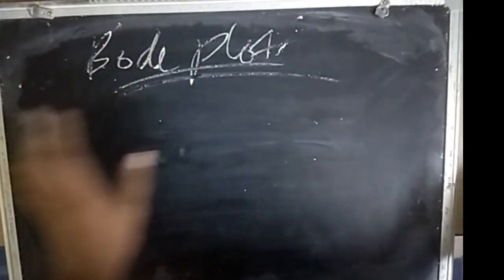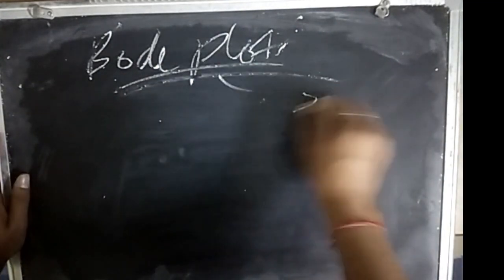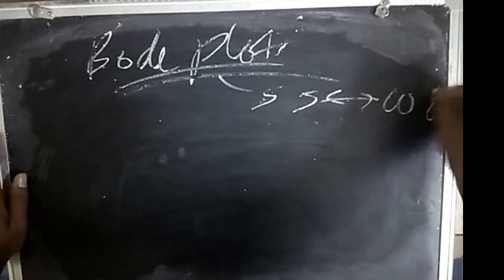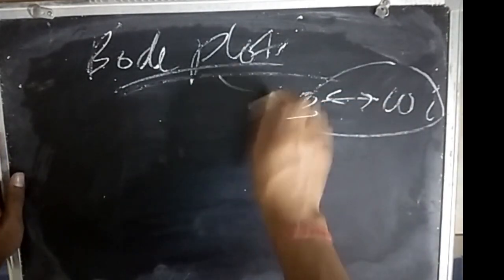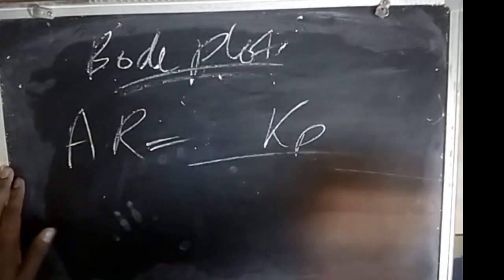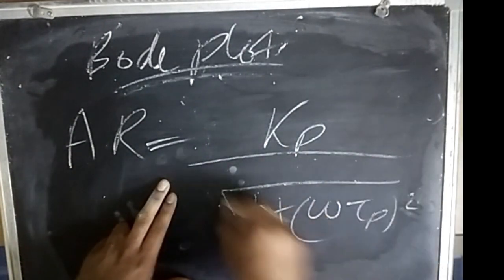For Bode plots, what we do is we change this s by omega iota for frequency analysis, and you will finally get the amplitude ratio for a first order system as kp upon under root 1 plus omega tau p whole square.